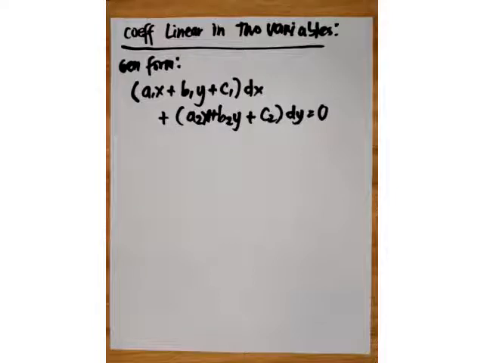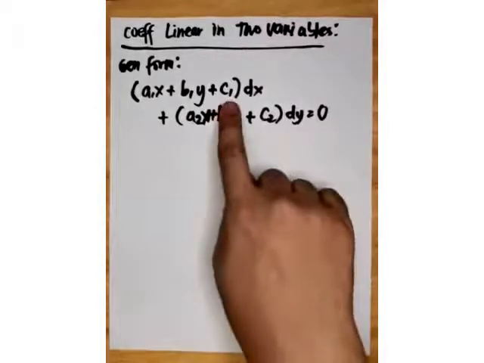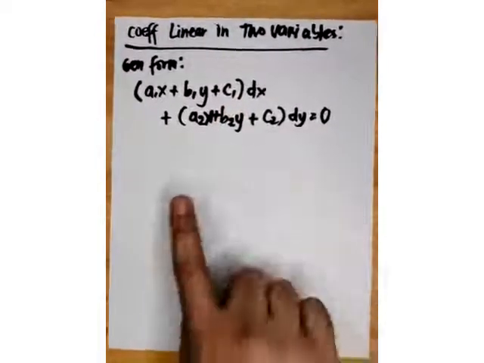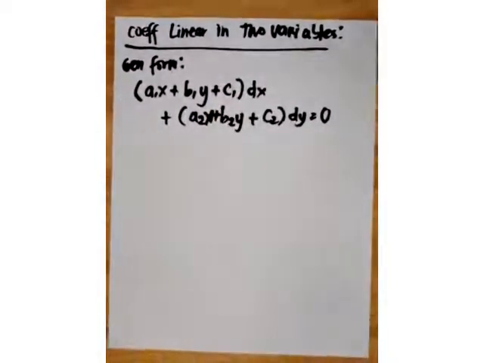So we cannot solve it using homogeneous because the equation is not homogeneous, because of the C1 and C2 here. If C1 and C2 were not here, we could also solve this equation using the homogeneous equation.